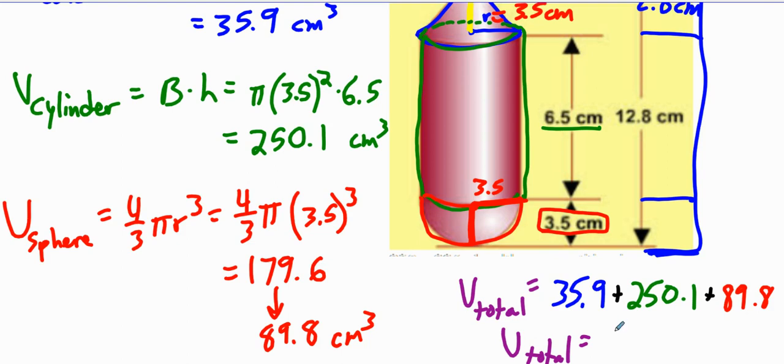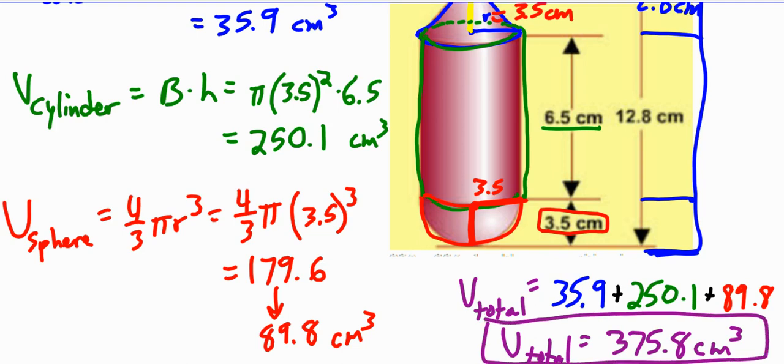So that is approximately 375.8 cubic centimeters. And that's how you find the volume of a composite figure.